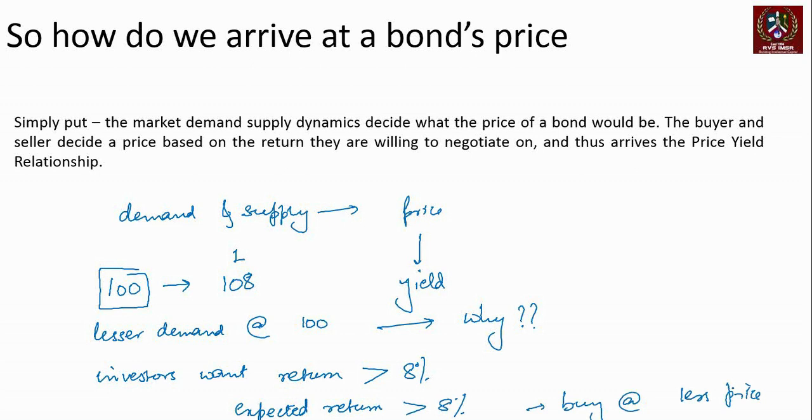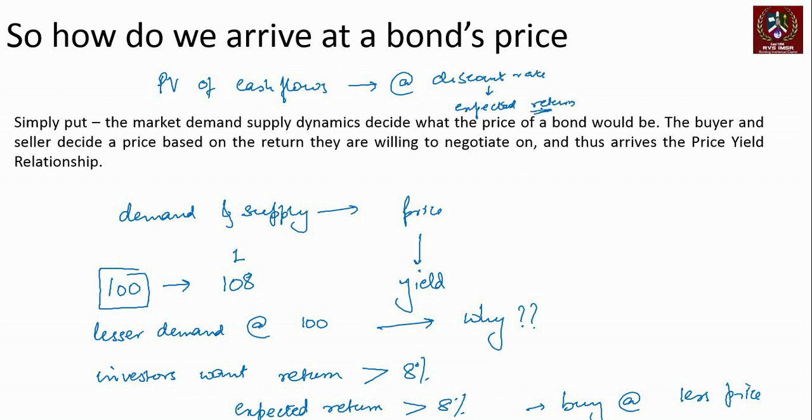That's a simple concept, right? Because the lower you pay, the bigger your return is. So essentially what you're trying to do is find the present value of the cash flows that a bond is going to give you at a discount rate, remember, which is nothing but your expected return.